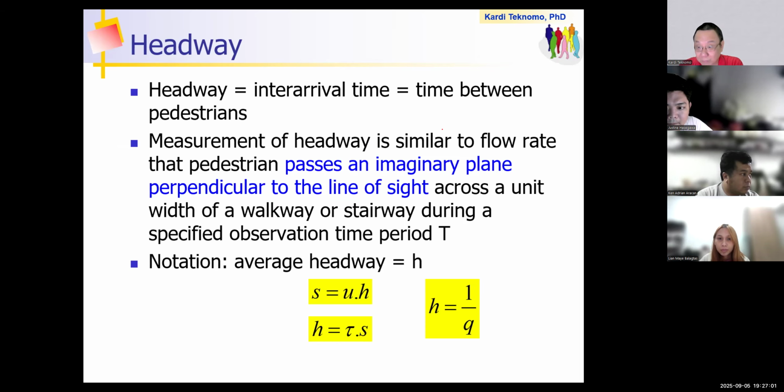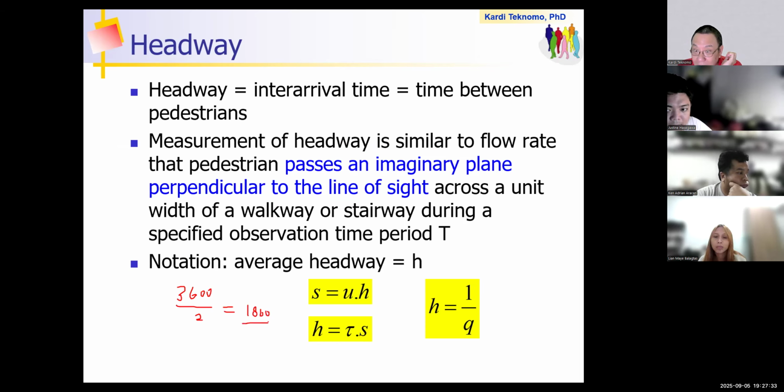Typical headway is around 2 seconds for a car. So 3,600 seconds per hour divided by 2 seconds headway gives around 1,800.